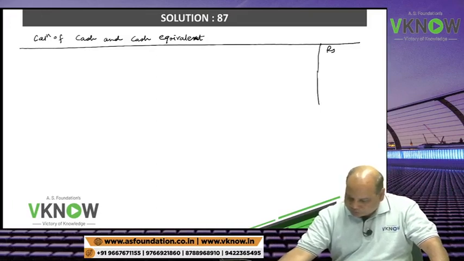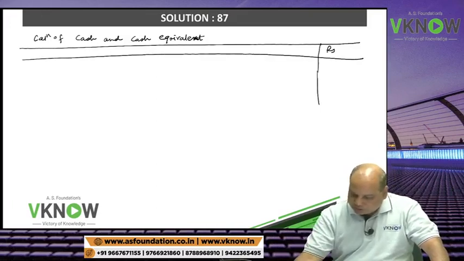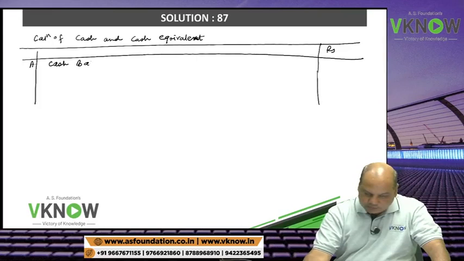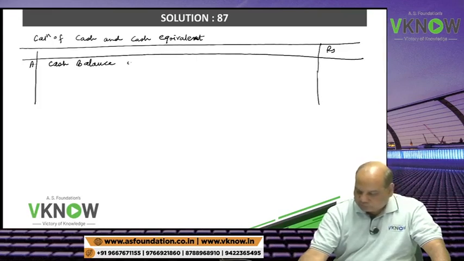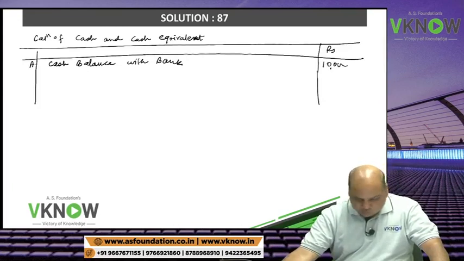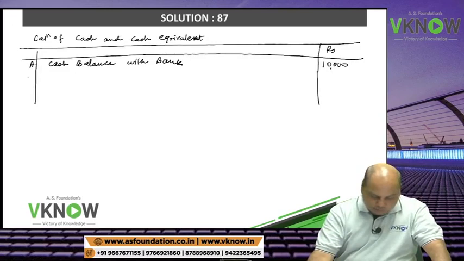Only 3 items will come. So write down there. Point number A. First write down cash balance with bank. Cash balance with bank, write down 10,000.